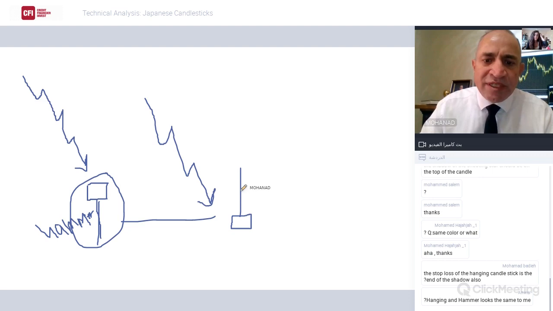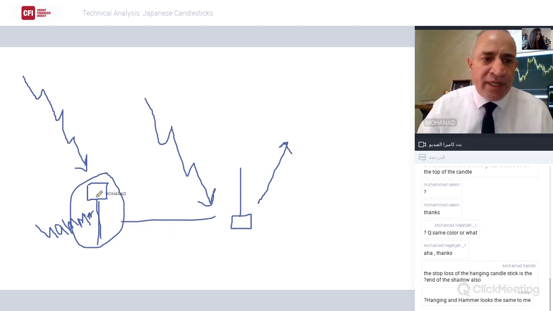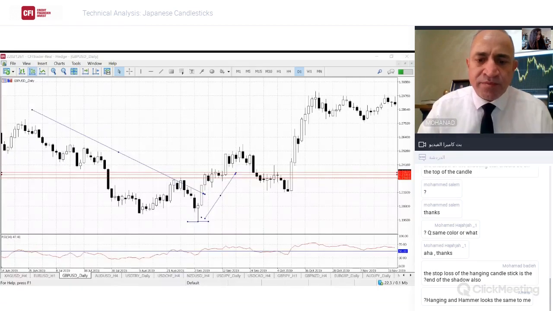But the shadow must be twice the length of the body of the candlestick. When I see this type of candle at the end of the downtrend line, I expect the market will change its direction from down to the up trend. Let's have an example.